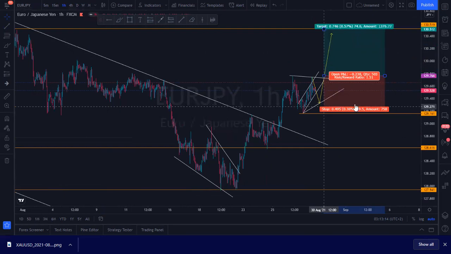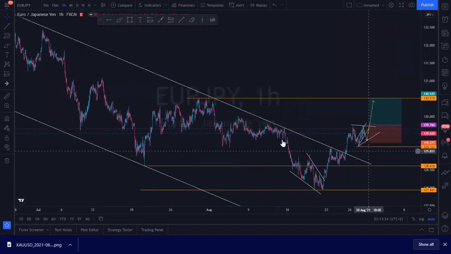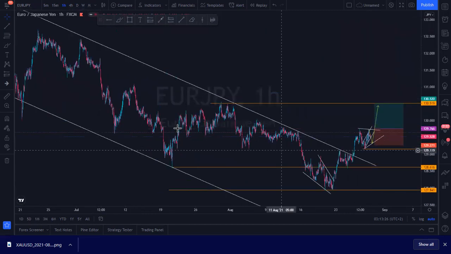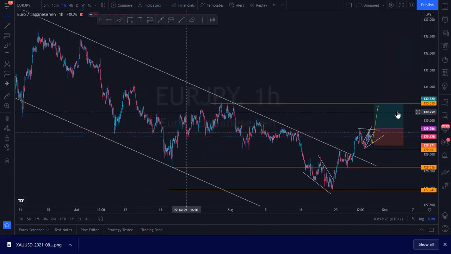It's like a 50 pips stop and about a 74, 75 pips target. So this is what I'm expecting to see happening in the market.